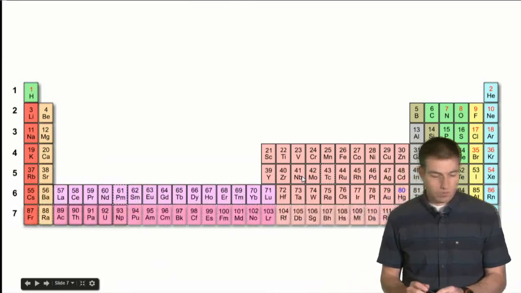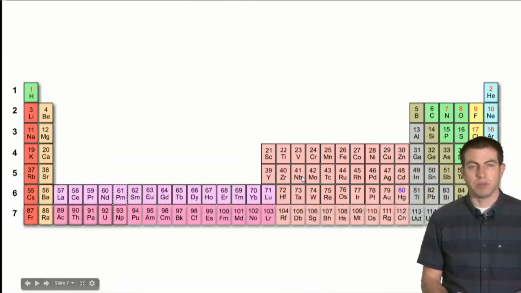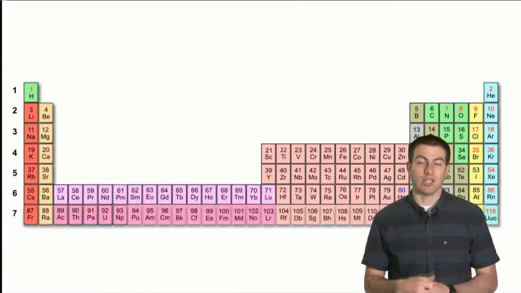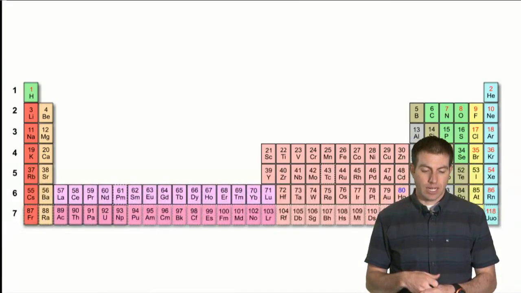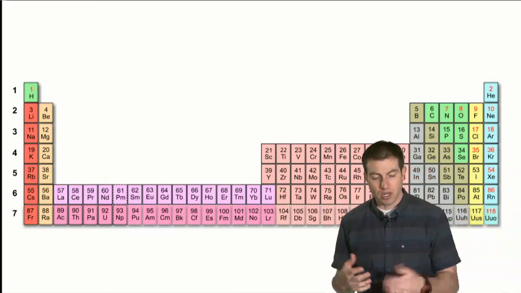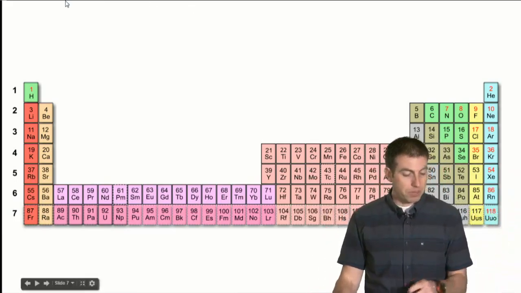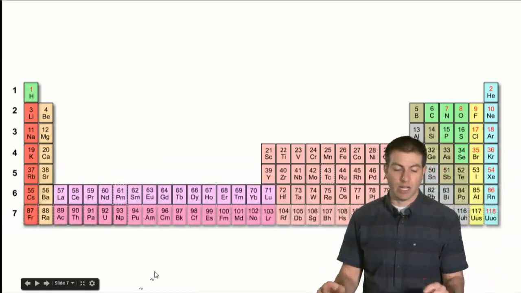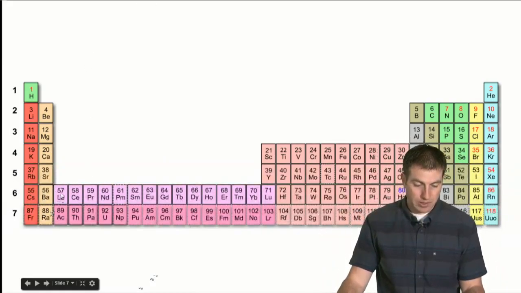Now, it's probably not likely that you've ever seen a periodic table like this one, but this is what a periodic table actually looks like. If you were to have a really giant piece of paper, this is what your periodic table would look like. So for the purposes of saving space, what scientists have done is they've taken the elements, starting here, 57 and 89, these pink ones in the middle, and taken them out.